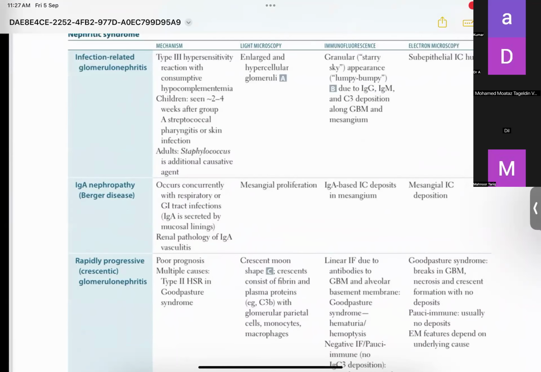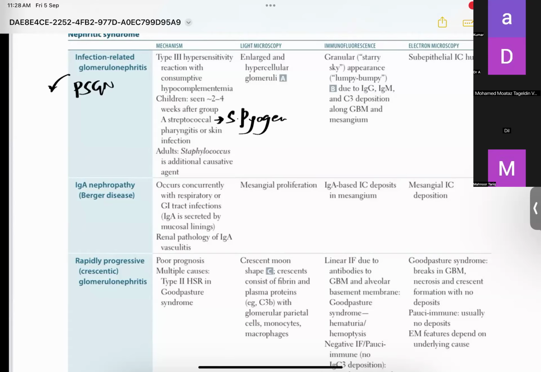So what we have discussed is PSGN, right? And one important thing about PSGN is that we have streptococcal infection, right? What is the bacteria? Beta hemolytic streptococcus. In beta hemolytic, which group was this?